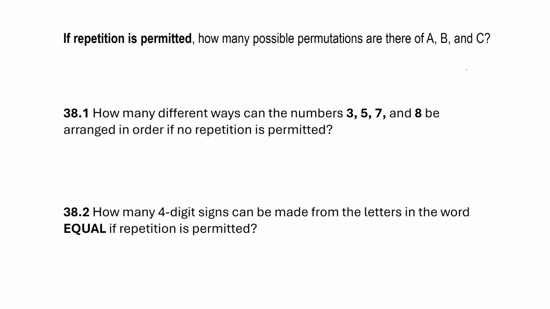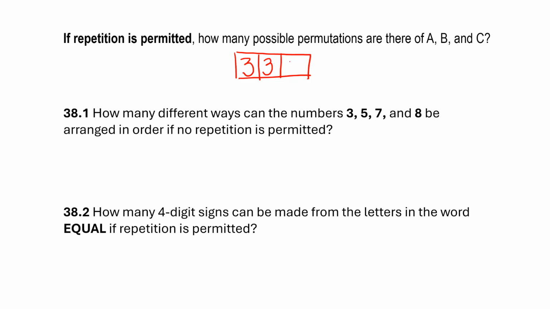If repetition is permitted, how many possible permutations are there of the letters A, B, and C? Okay, so we're talking about 3 boxes that we're going to fill, just like before, except now we can use each letter as many times as we want. So for our first box, the first position in our permutation, there are 3 choices, A, B, or C. For the second position, there are still 3 choices because you're allowed to use any of them again if you want.